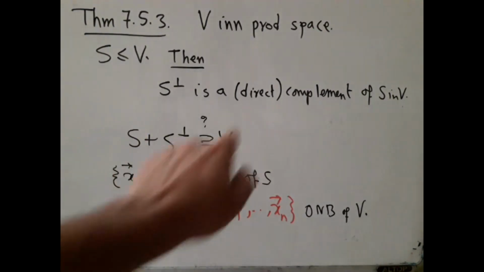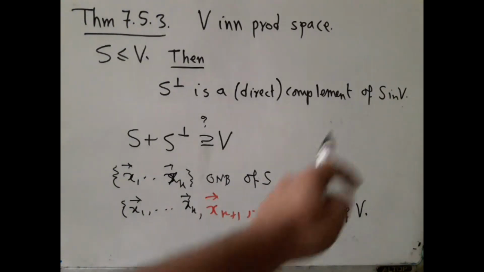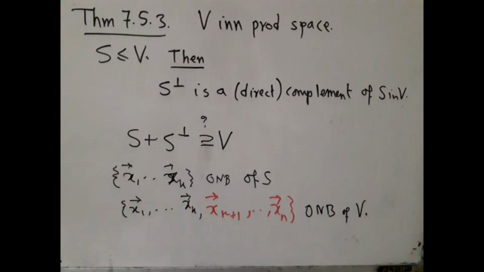Okay, so now you start with any vector v in V. Since this is an orthonormal basis of V, you can express v as a linear combination of all these things. It is something like alpha 1 times x1, up to alpha k times xk, followed by alpha k plus 1 times the next vector, up to alpha n times the last. So split it up like this.